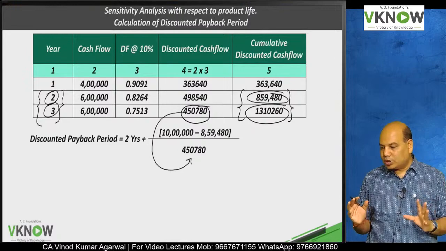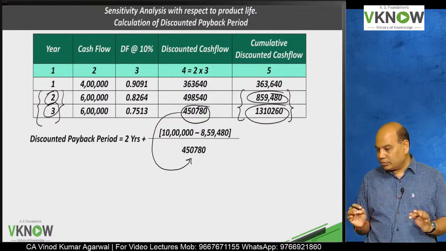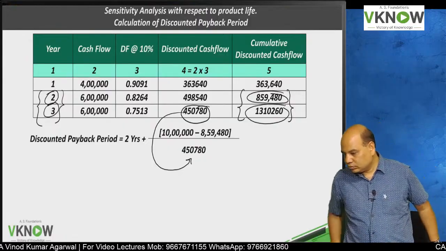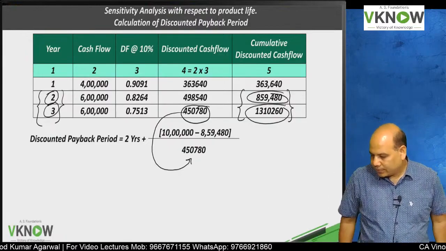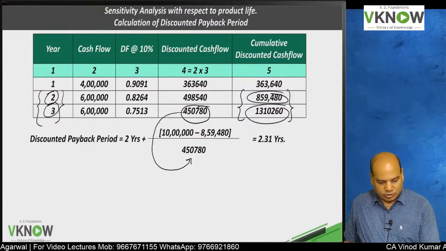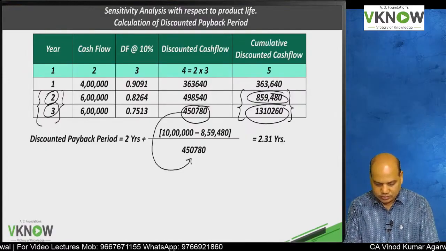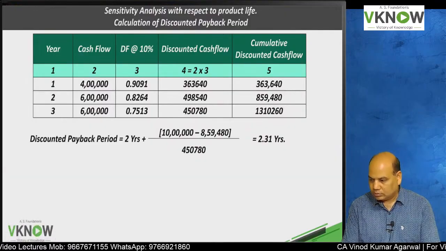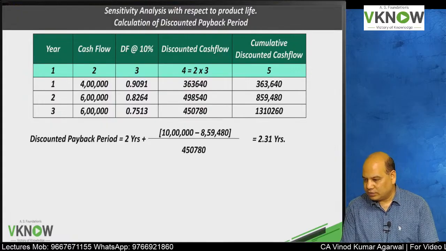So the proportionate period required is how much? 2.31 years. Very good. 2.31 years approximately.